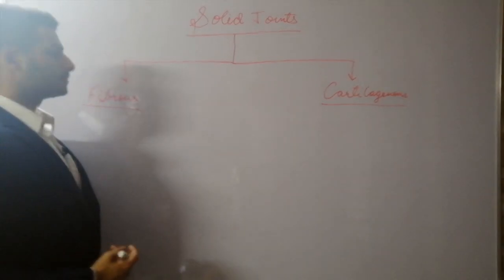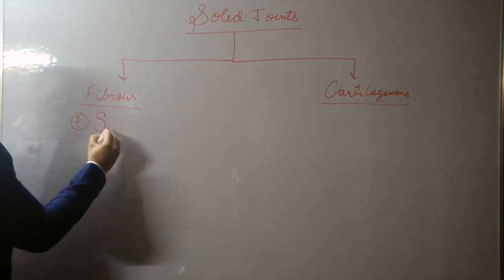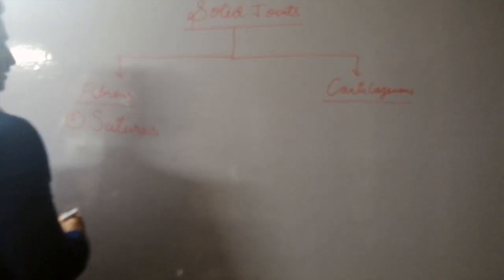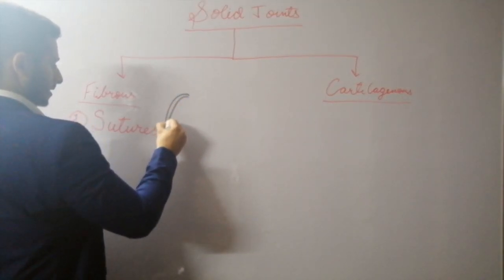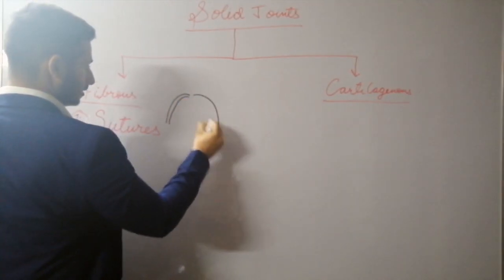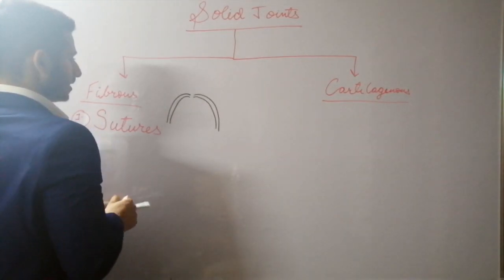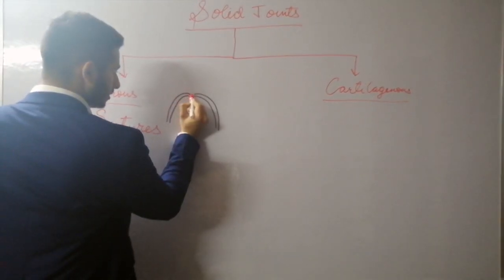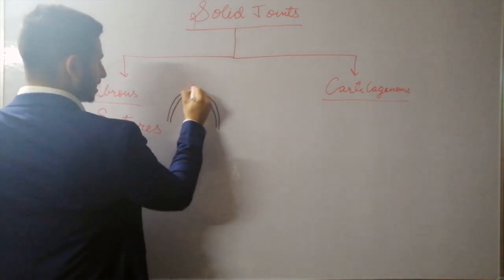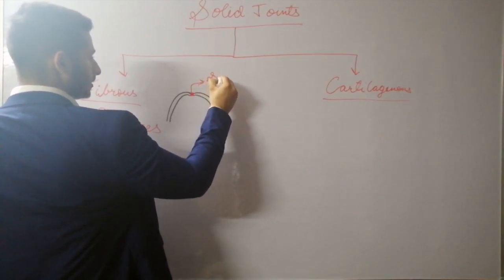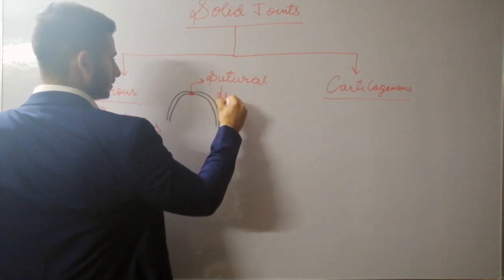Under the category of fibrous joints, the first one is sutures. These sutures are present between the bones of the cranium, that is, between the bones of the skull. These are two bones of the skull, and they're connected by a fibrous tissue, which is known as the sutural ligament.